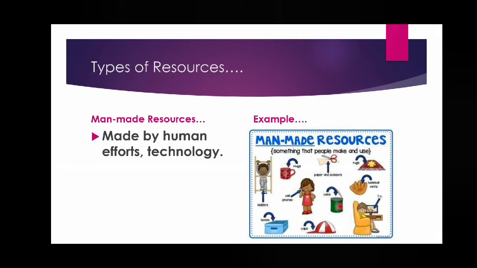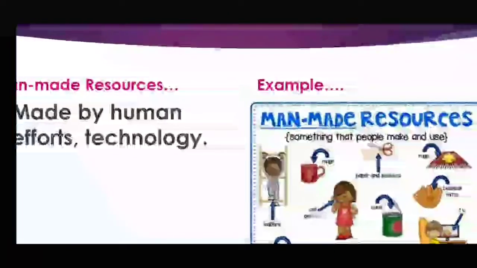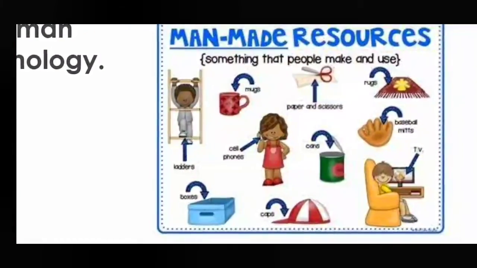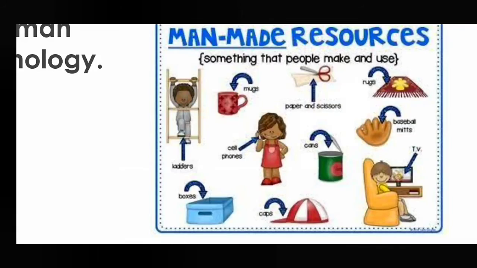Now come to the next, man-made resources. I have told you, when you are talking about human resource, there are two types of things present: human beings themselves, and also the things which are made by us. So man-made resources means the things which are made by us, like the examples given here, you can check them. For example, mugs, these are made by whom?